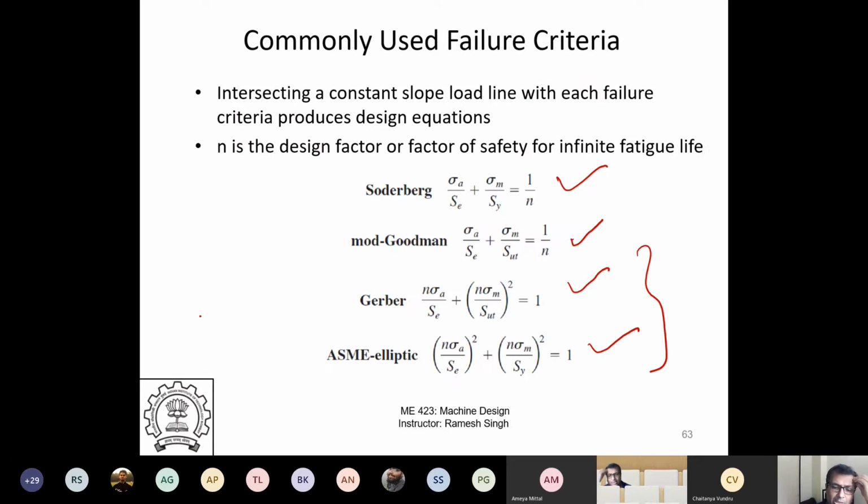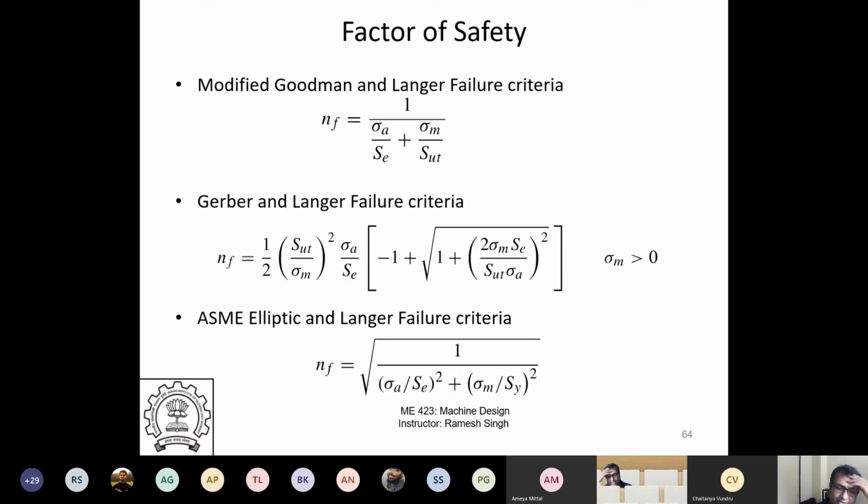Intersecting the load line with each failure criterion produces design equations. So these are your design equations for Soderberg, modified Goodman, Gerber, and ASME elliptic, which we'll use quite a bit. And the factor of safety for modified Goodman is this. For Gerber, it is this. These have been solved.